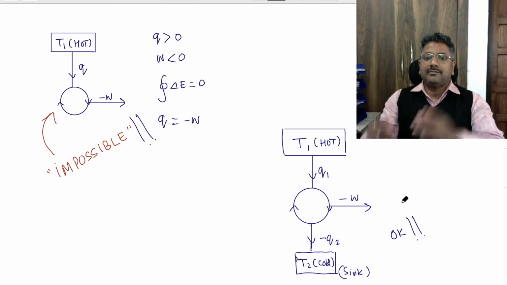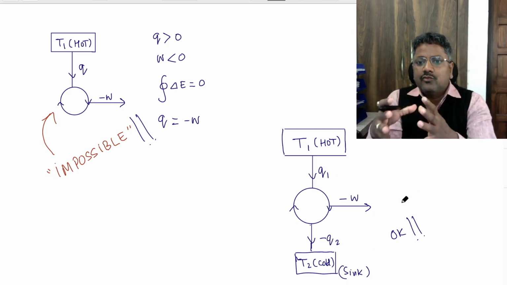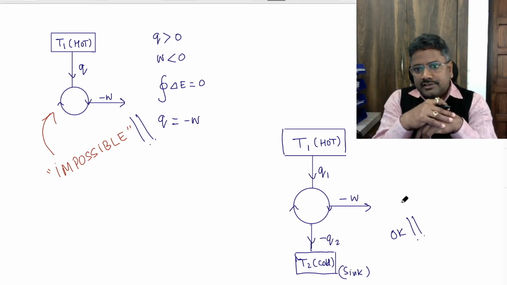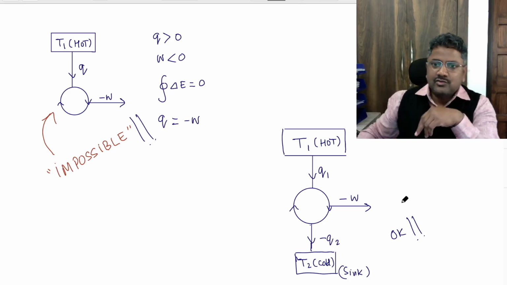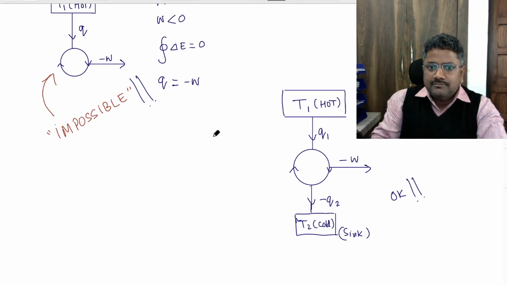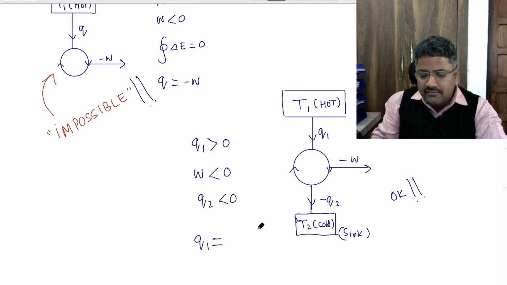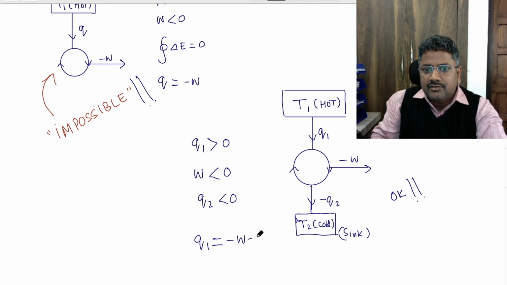If you take some heat from the hot reservoir and do some work, part of that heat is transferred to the low temperature system. In this case Q1 is greater than 0, W is less than 0, and Q2 is less than 0. So you can write Q1, the total heat coming from the hot reservoir, is minus W minus Q2.